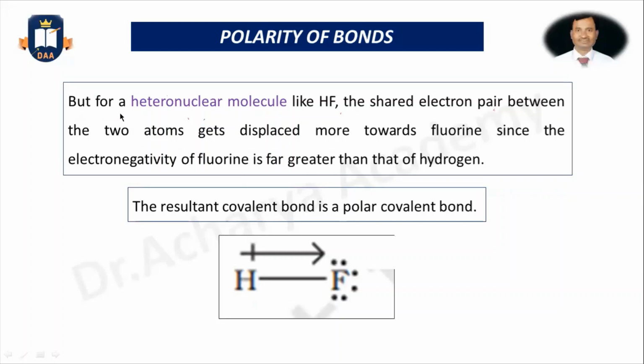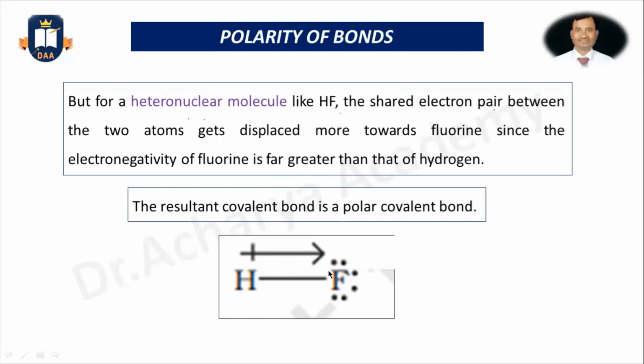Now, we talk about the heteronuclear molecule. Heteronuclear means the molecule made of two different types of atoms. Example, hydrogen fluoride, HF. Here, the shared electron pair, down in this figure you see, this one shared pair of electrons is displaced more towards the fluorine atom.